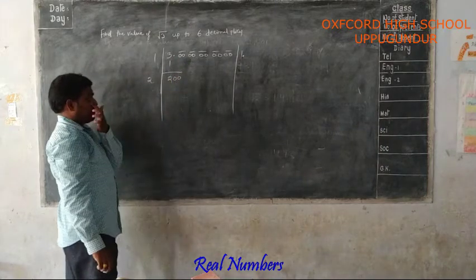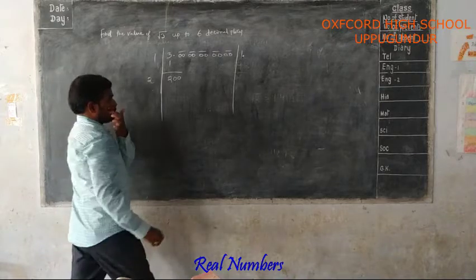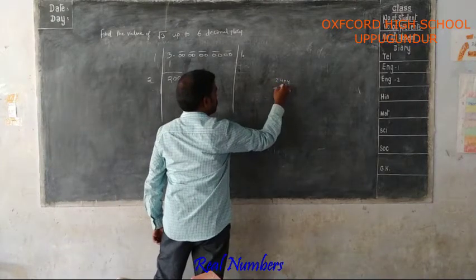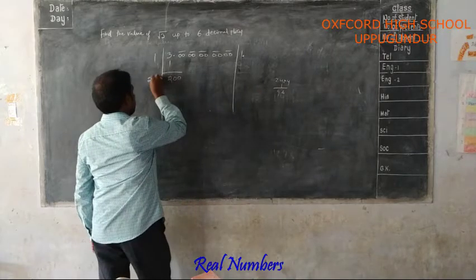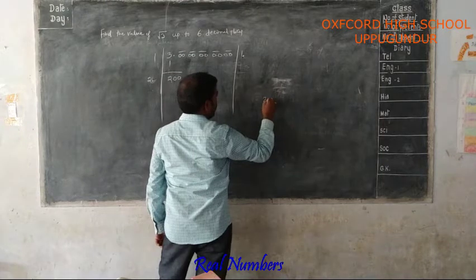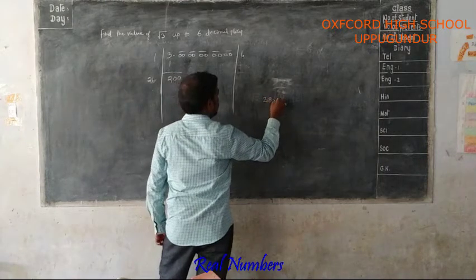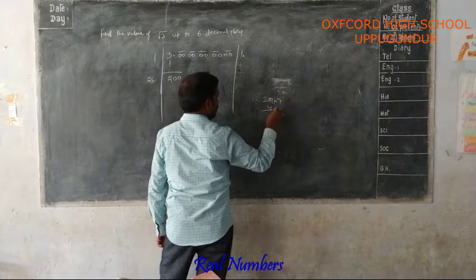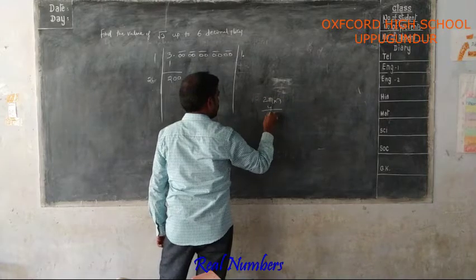Now 24 fours, 96. Sorry, it is divisible. 28 eights, 27 sevens. 7 sevens are 49. 7 twos are 14 plus 4, 18.